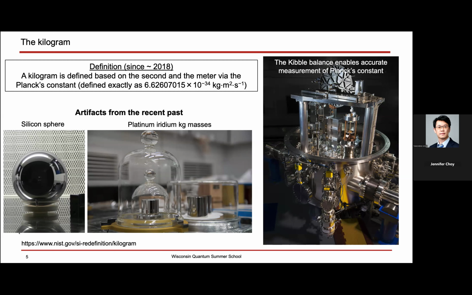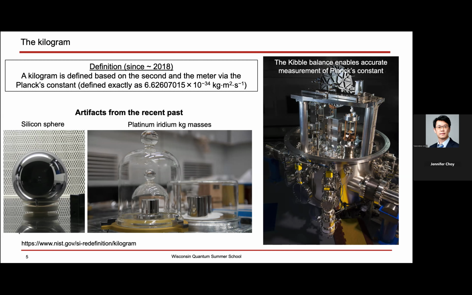An example is these ultra pure silicon spheres, now part of the Avogadro project. And then there are also these platinum iridium kilogram masses. But that's, again, not the best way to define a kilogram.